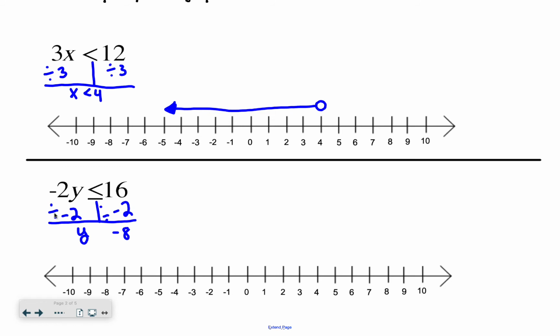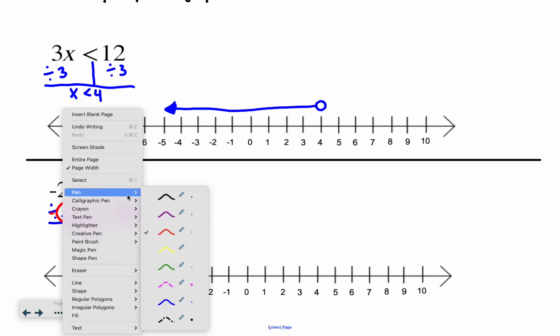Whenever you multiply or divide both sides by a negative number, you need to flip your sign. So now it becomes y is greater than or equal to negative 8.